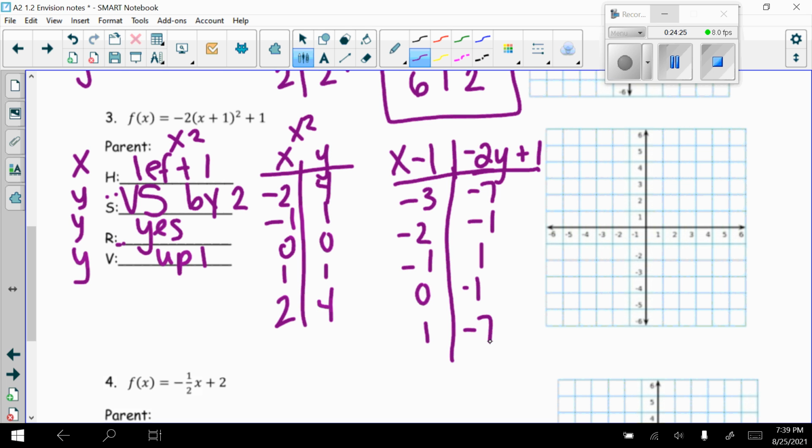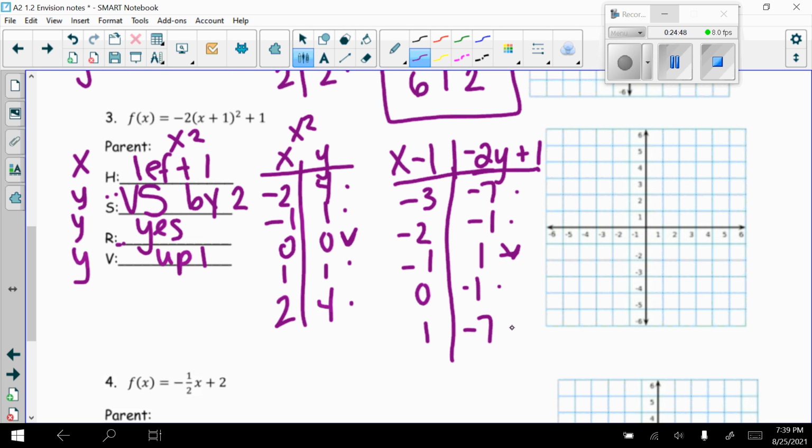And notice that they are always my vertex, right? My original function, my vertex, and the points above it, they're always the same y values, okay? So this is my vertex, right? -1, -7, -1, -7, because it's a mirror if I was to fold it over.